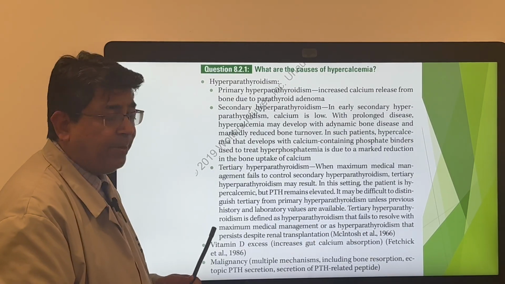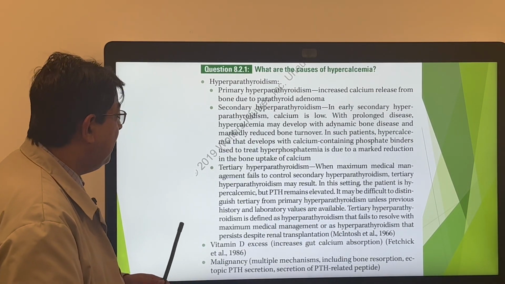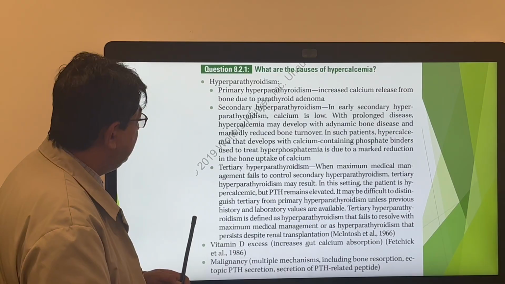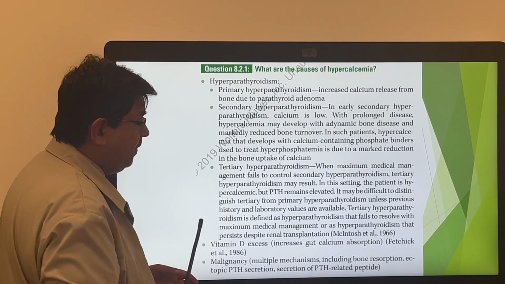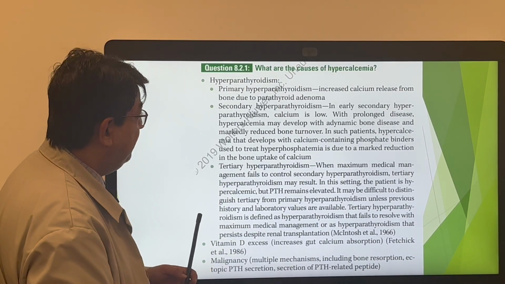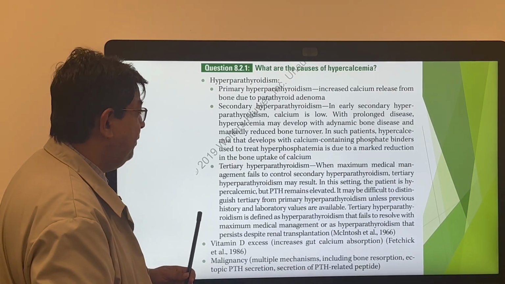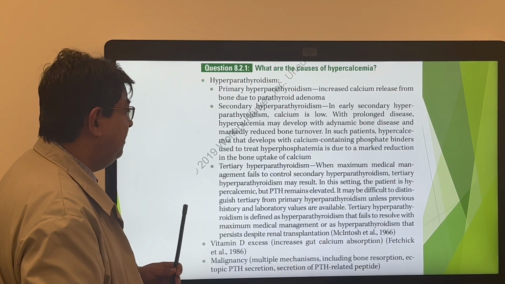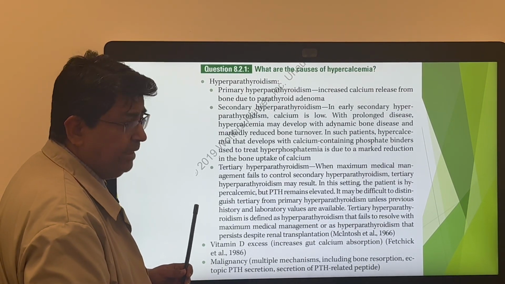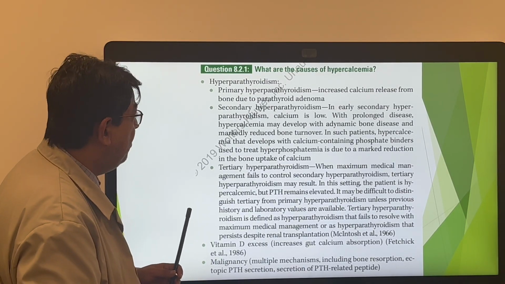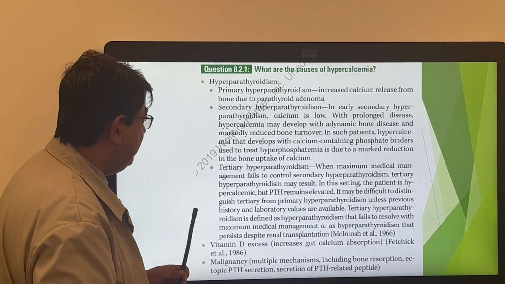So now let's talk about hypercalcemia. When we think about hypercalcemia, we typically think about primary hyperparathyroidism, which implies that the parathyroids are producing excessive PTH, either because it's an adenoma or because it's hyperplasia.